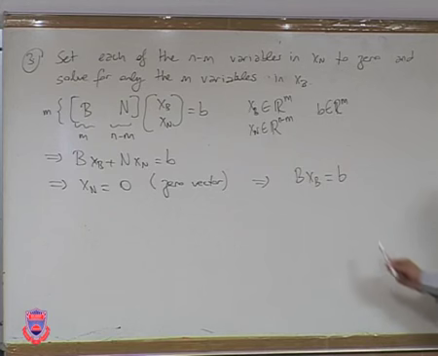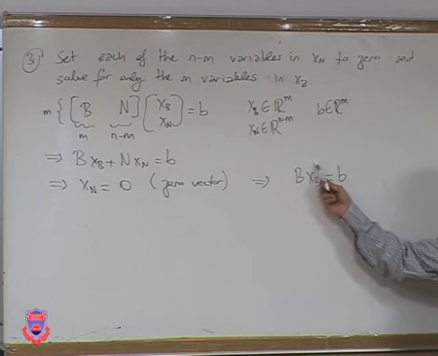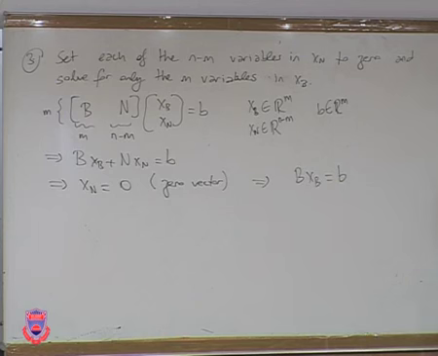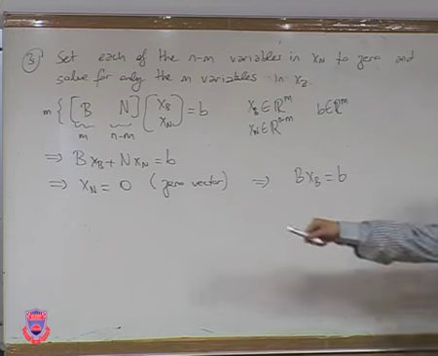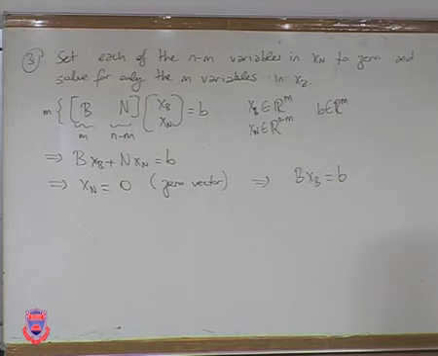All right, so now this system has m rows and m columns. So basically the number of rows and number of columns is the same, or the number of equations and the number of variables is the same. And furthermore, we know that B is an invertible matrix. Okay? So how can I solve for this system? You took linear algebra, right?